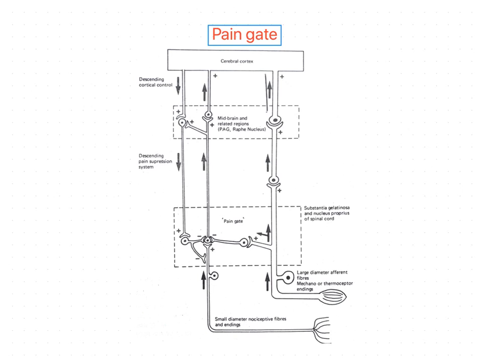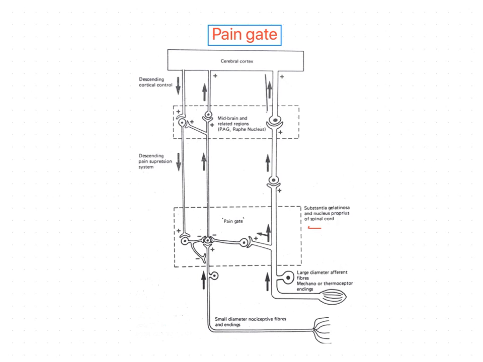It is at this level that the pain gate, first postulated by Melzack and Wall in 1965, operates. This theory suggests that for pain to pass through the gate, there must be unopposed passage for nociceptive information arriving at the synapses in the substantia gelatinosa.